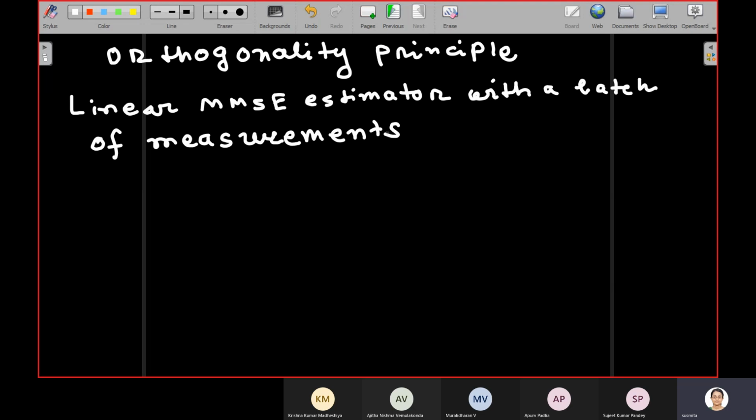Now, since we are processing a batch of measurements, this is also called a batch estimator. So let's consider the previous model.